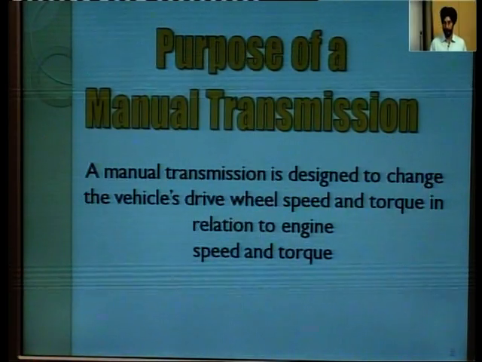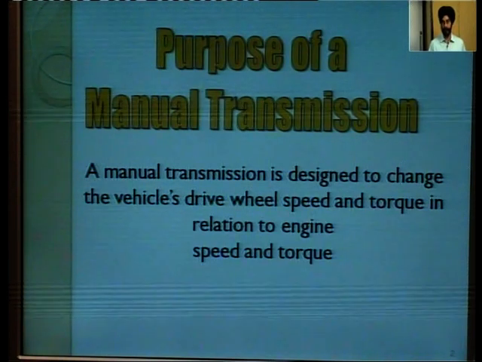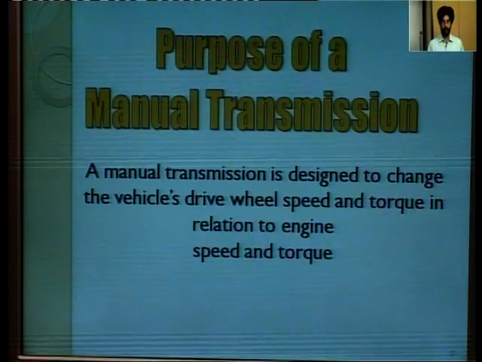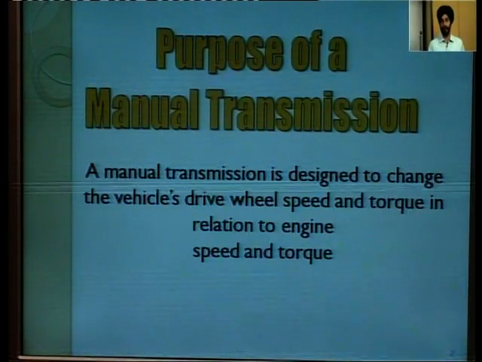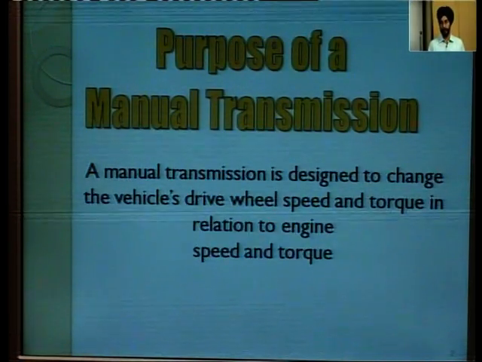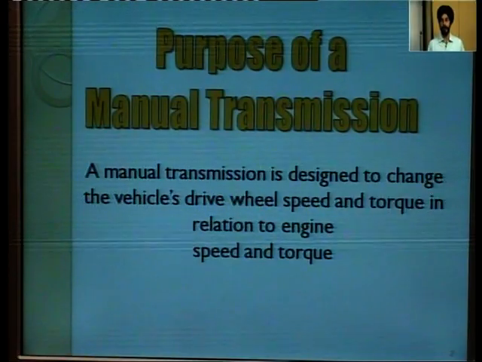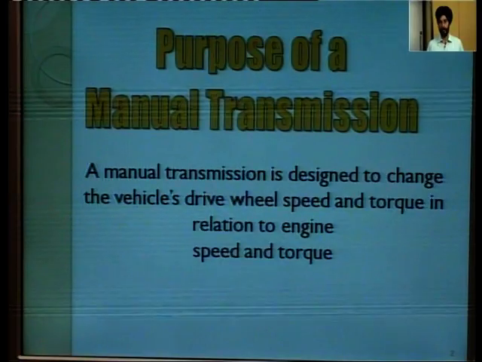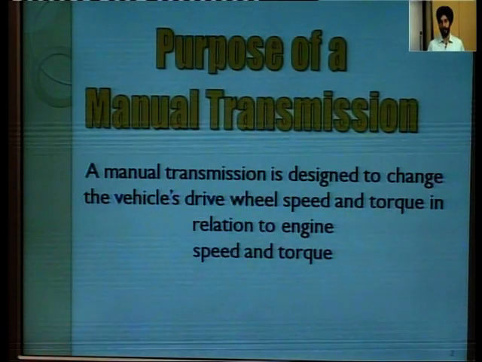So we need a larger velocity range and torque range than the velocity and torque developed by the engine. So the transmission system is designed to change the vehicle's drive wheel speed and torque in relation to the engine speed and torque.